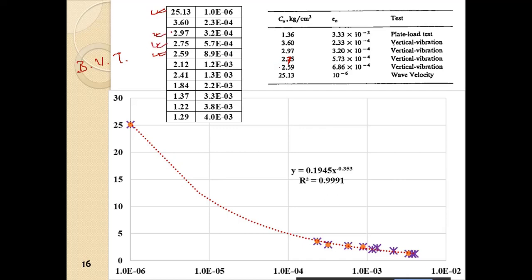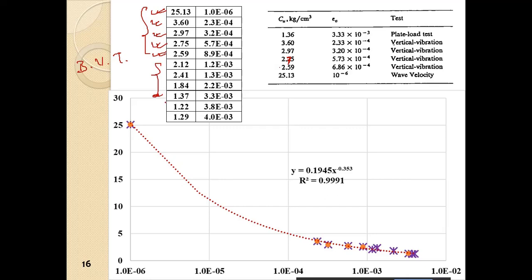Then 2.97 and 3.6, these are from the book. Apart from that we have 1.36, actually 1.37, same thing. This is from the book.